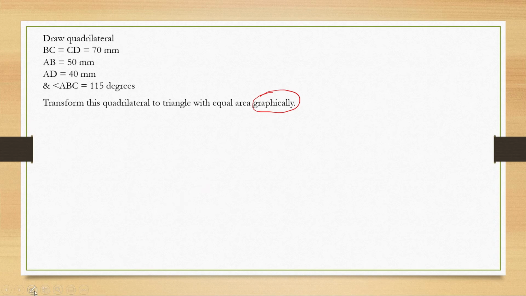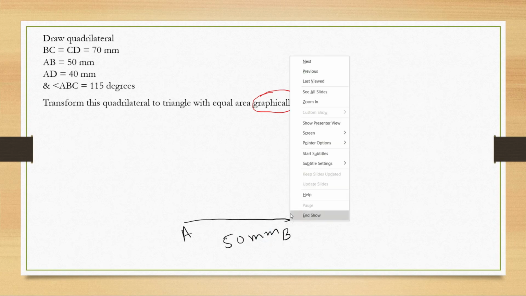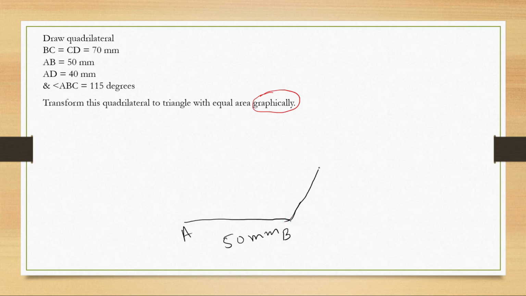So we'll start with drawing a rough diagram. So the angle B is given, so let's just draw AB horizontally first. AB will be some 50 mm, and we can use our protractor to draw a 115 degree angle, just arbitrarily, something like that, from B, which is angle ABC.